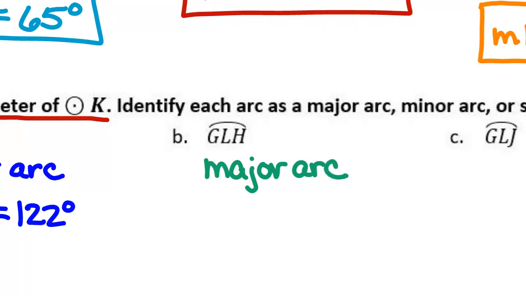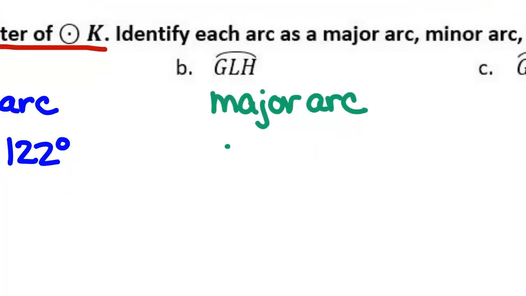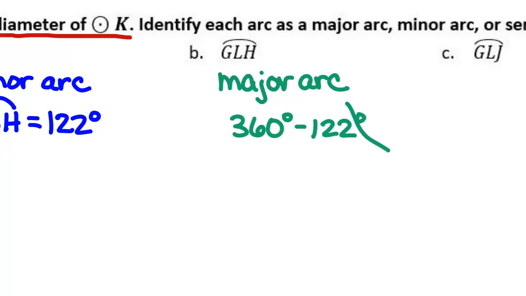How can I find the measurement of arc GLH? 360 minus 122. And what is 360 minus 122? 238 degrees.